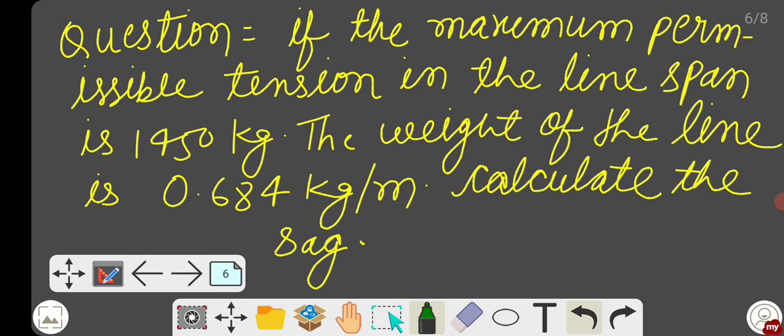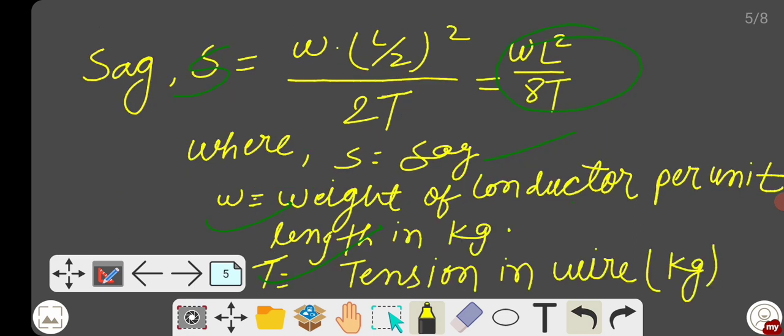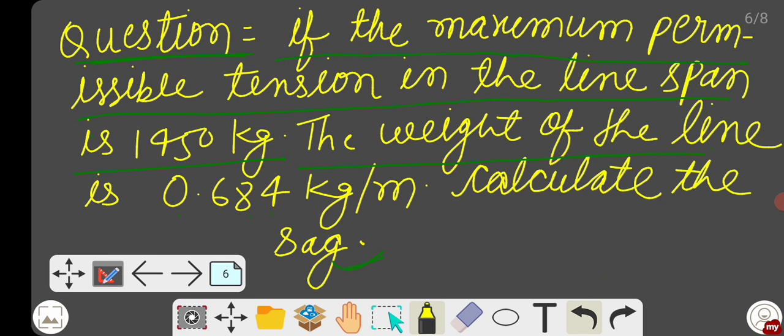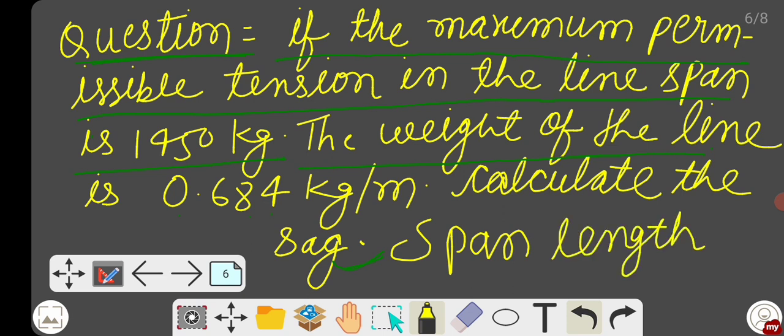In this question, we have to calculate sag, if the maximum permissible tension in the line span is 1450 kg, the weight of the line is 0.684 kg per meter, and the span length given is 200 meter.